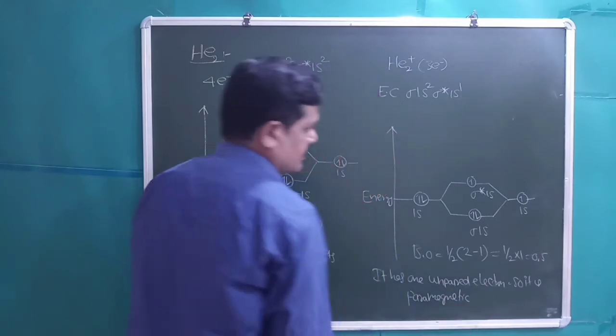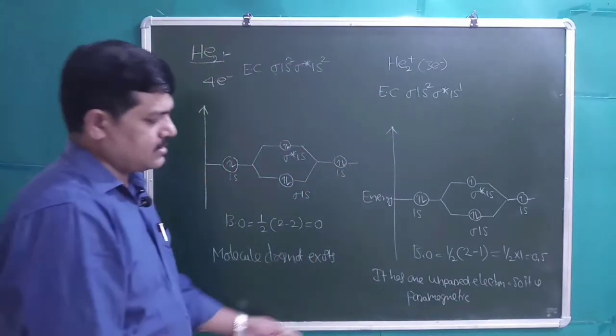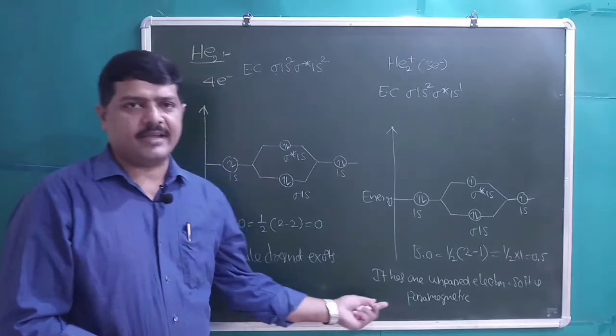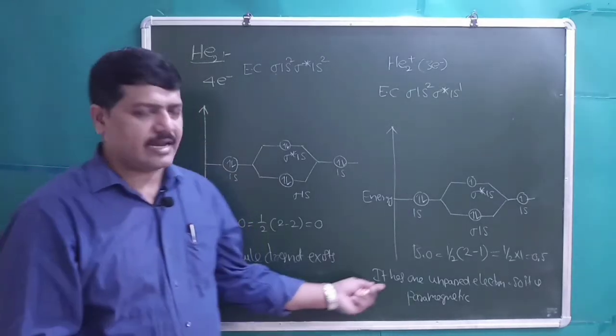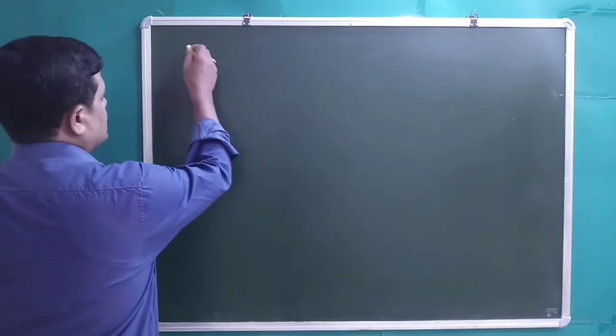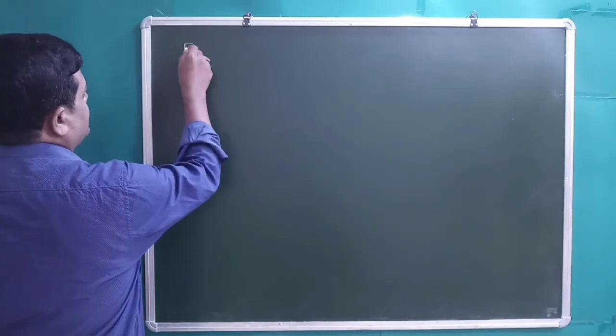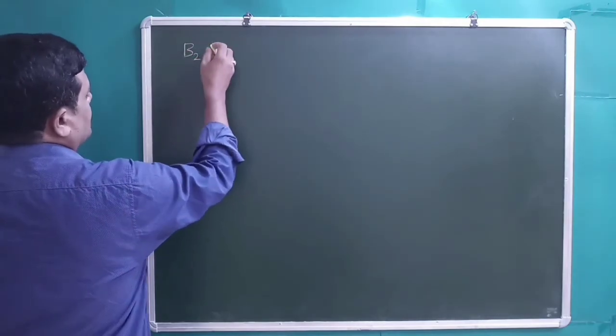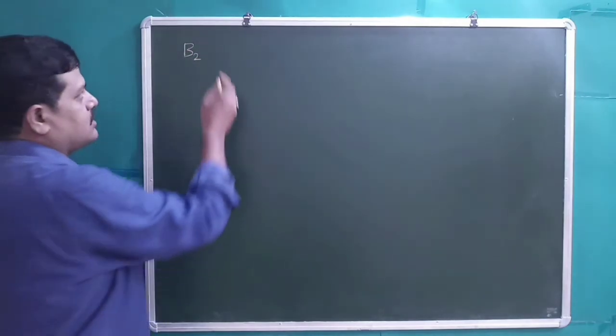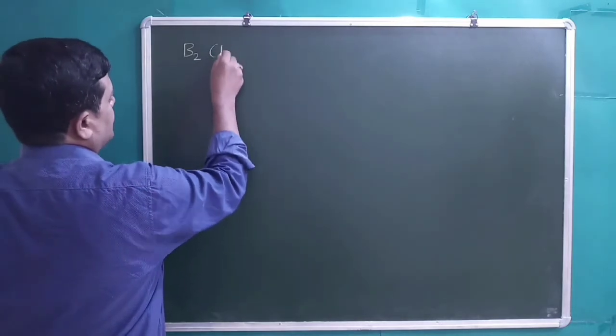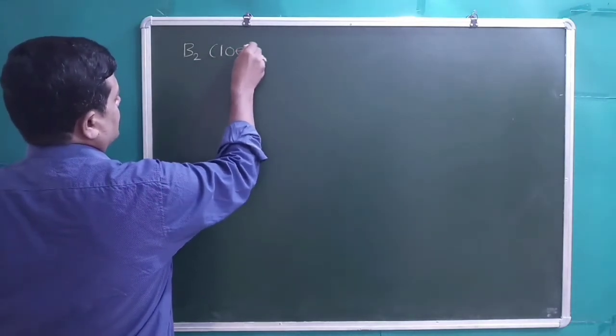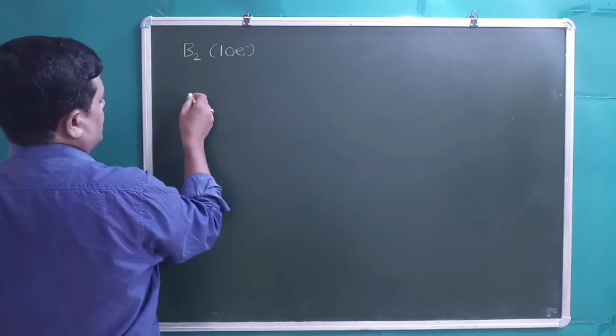Paramagnetic. Students, let us discuss bonding in some of the homonuclear diatomic species. Let us take B2 molecule. Boron atomic number is 5, then B2 has 10 electrons.